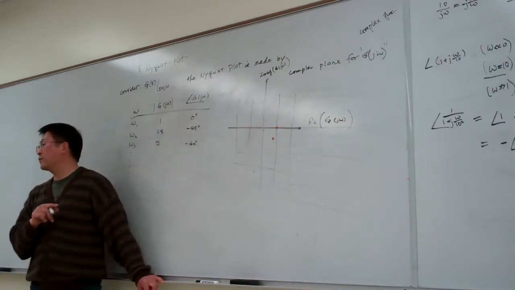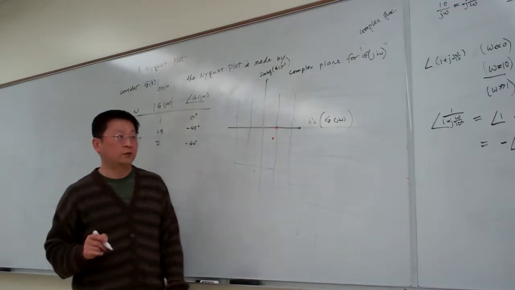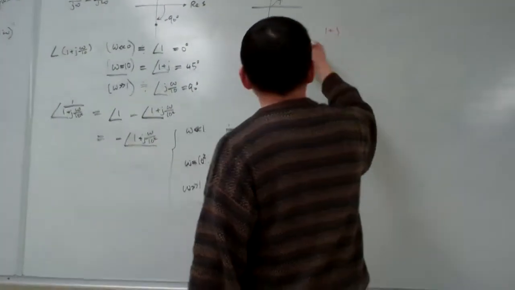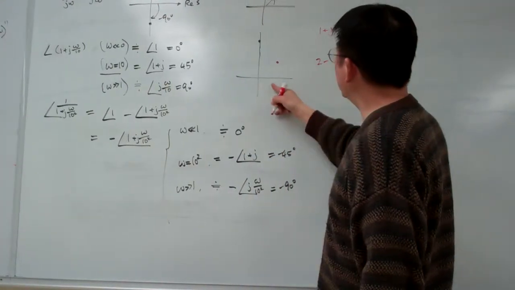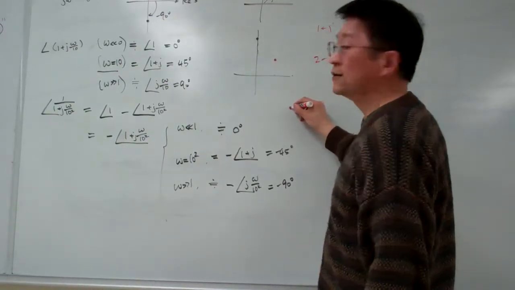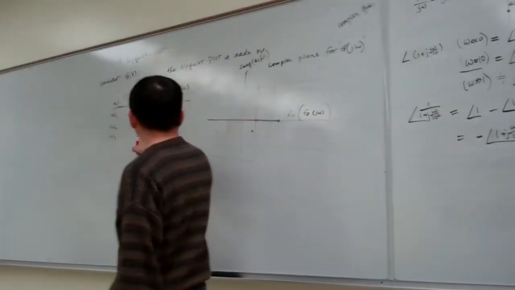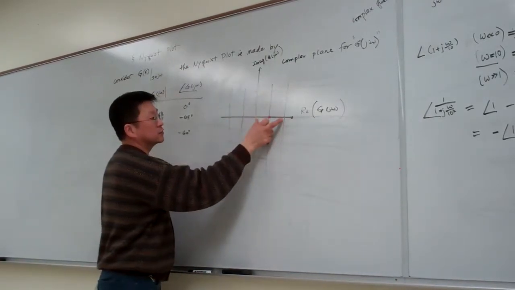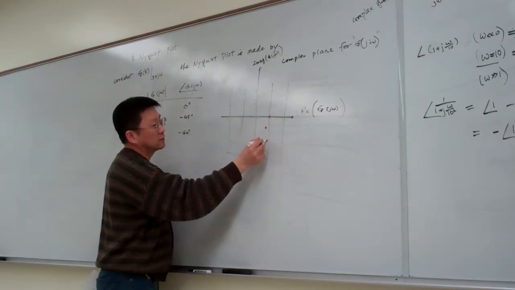Right now I'm plotting the points on the complex plane. If you remember, on the complex plane, 1 plus 1j is here, and 2 minus 2j is here. You know what I'm saying, right? Now the third one has magnitude 2 and minus 60, so that is about here.